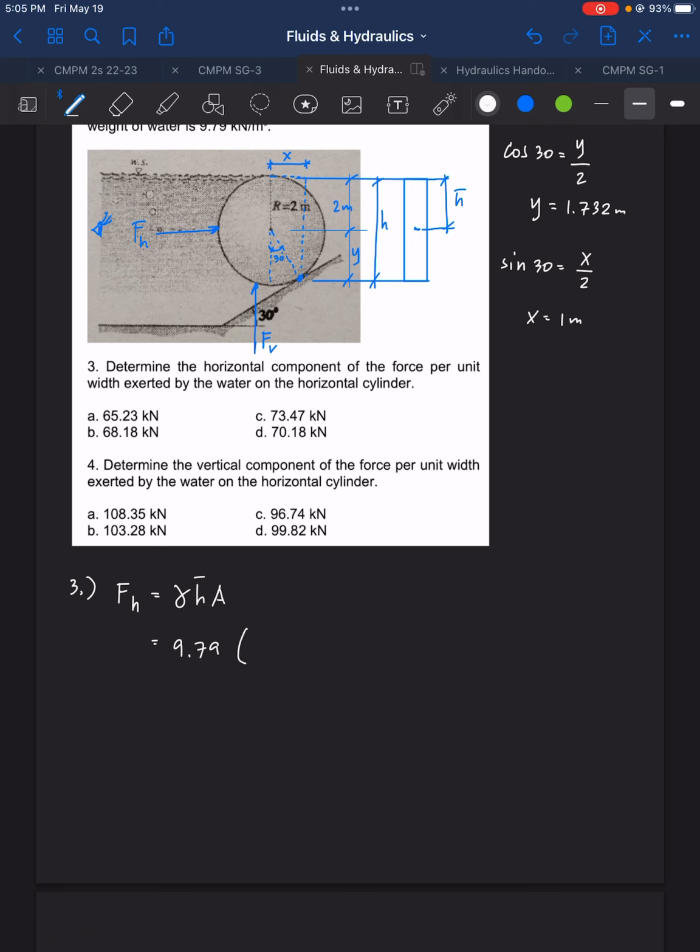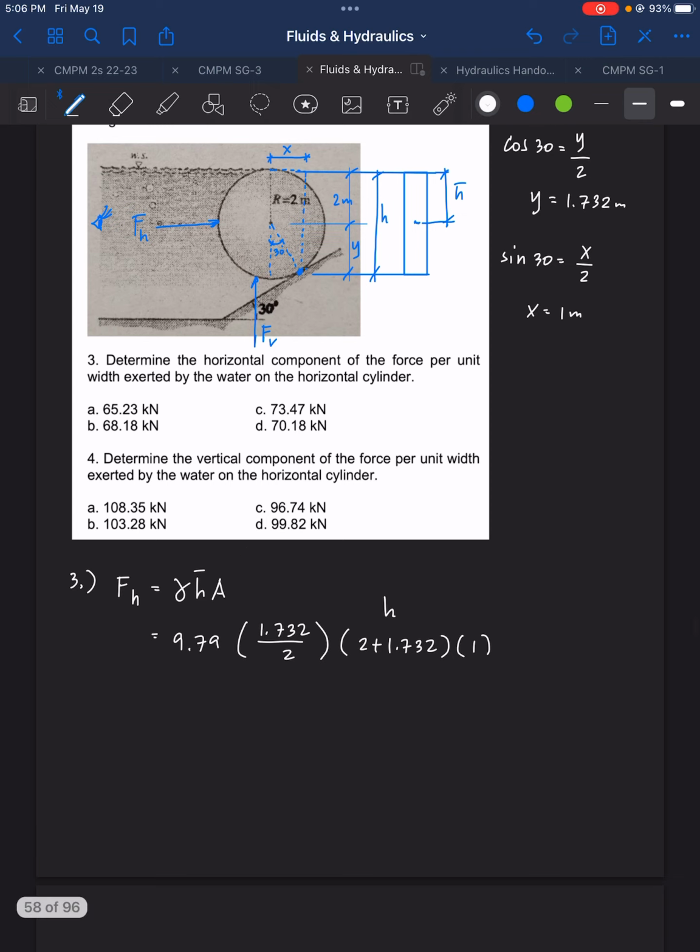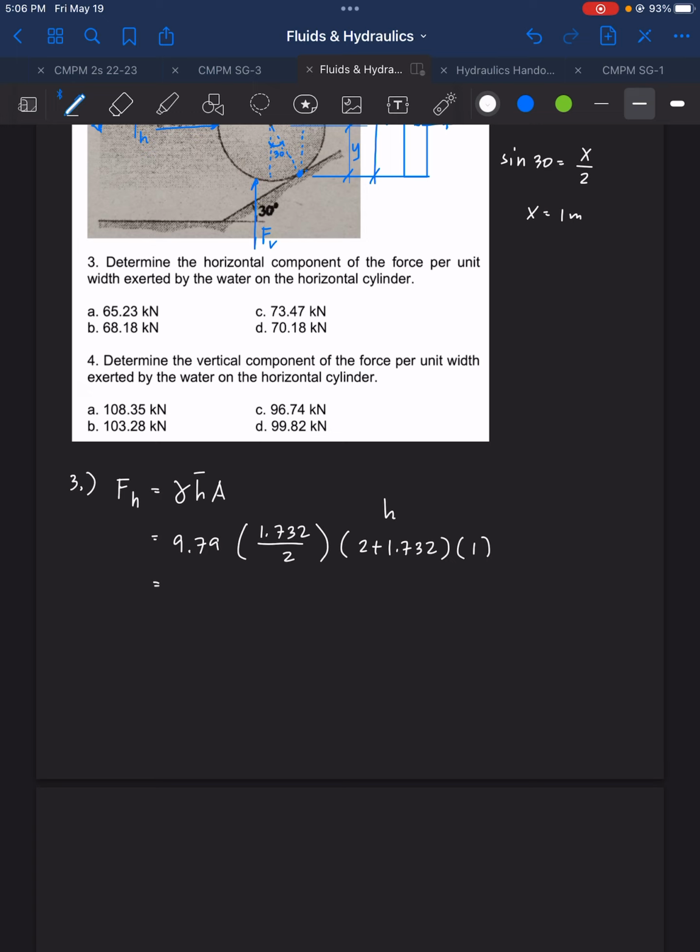Bar h is 1.732 divided by 2 multiplied with the area. The total height here is 2 plus 1.732. This is actually the h times the width. So we're dealing with per meter width. So F_H now is 68.17 kilonewton. So from the choices, we have here the nearest as letter B.